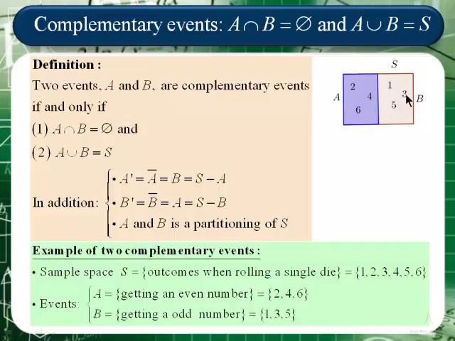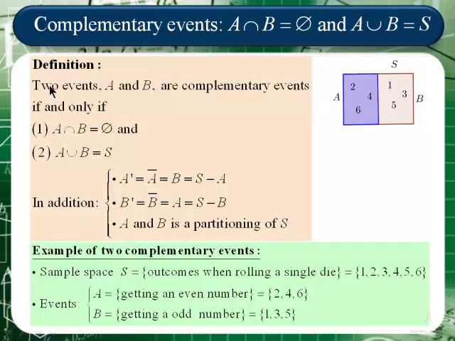Note that the union of events A and B gives me the sample space. There are no outcomes outside the union of the two. Furthermore, the two events have nothing in common, so the intersection will be the empty set.